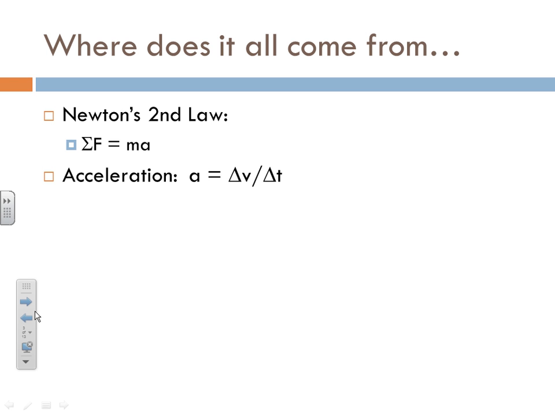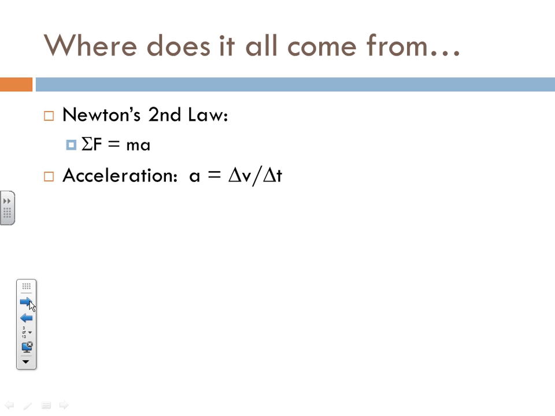So notice, I talked about at the beginning that there's one factor that we've sort of left out in this situation, and that factor is time. Now, acceleration has a built-in time factor.